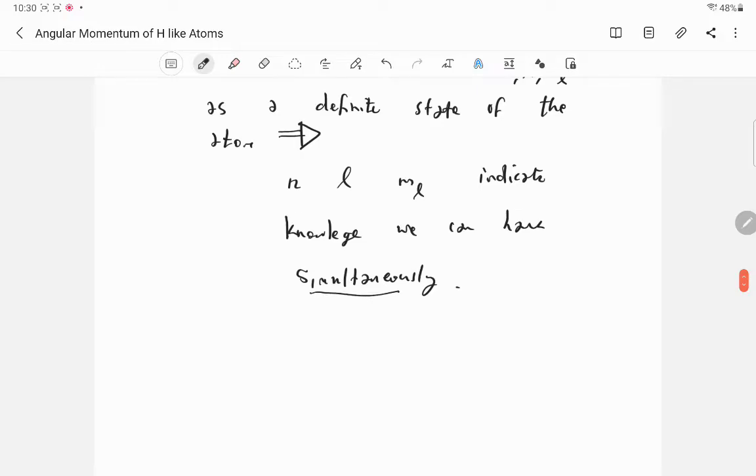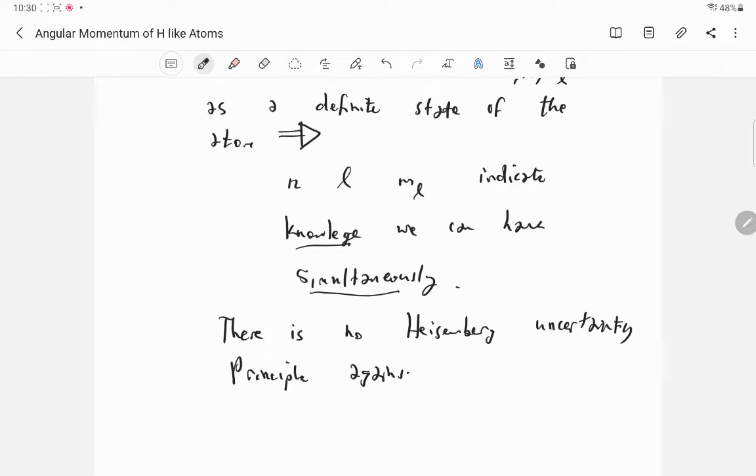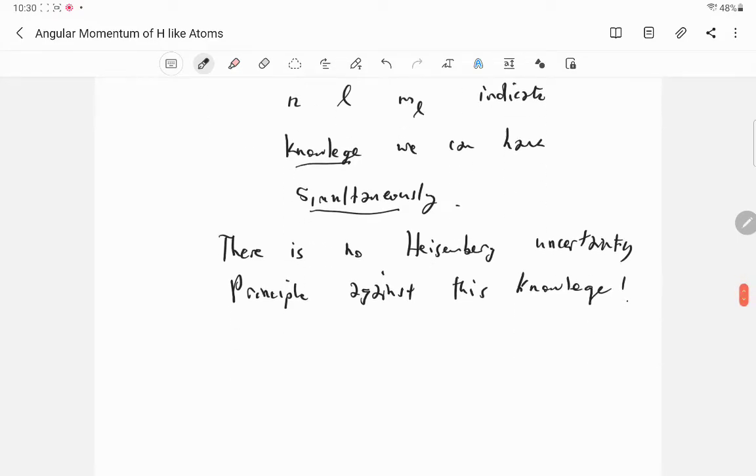And what I mean by this simultaneous knowledge of n, L, and m sub L is there is no Heisenberg uncertainty principle against this knowledge. Remember that, for example, delta x, delta p was something like h bar.